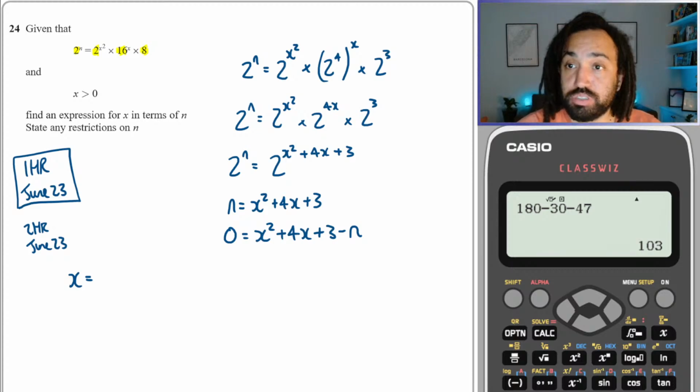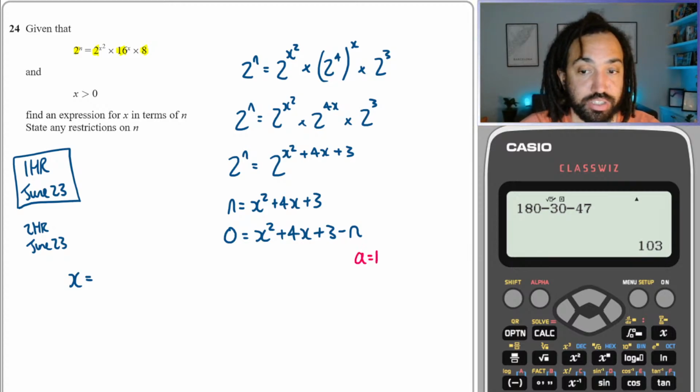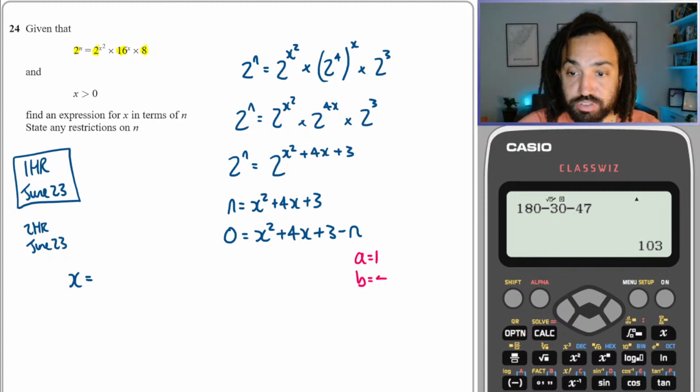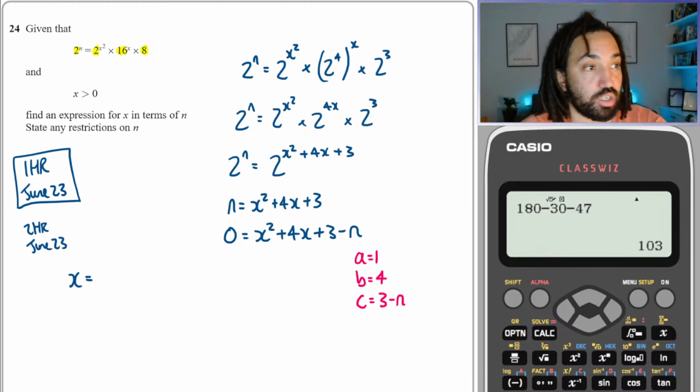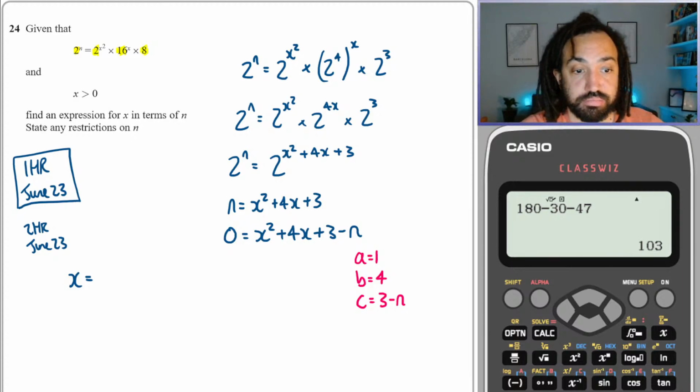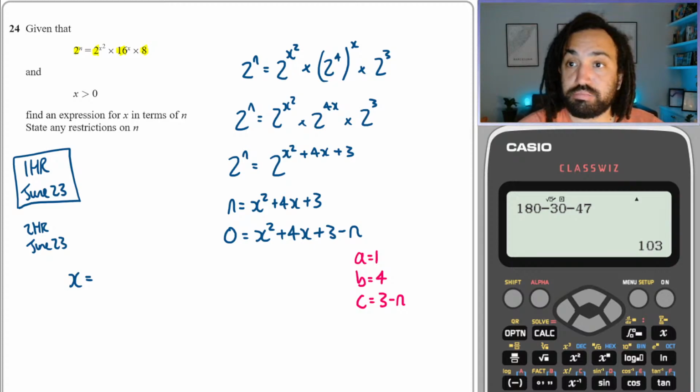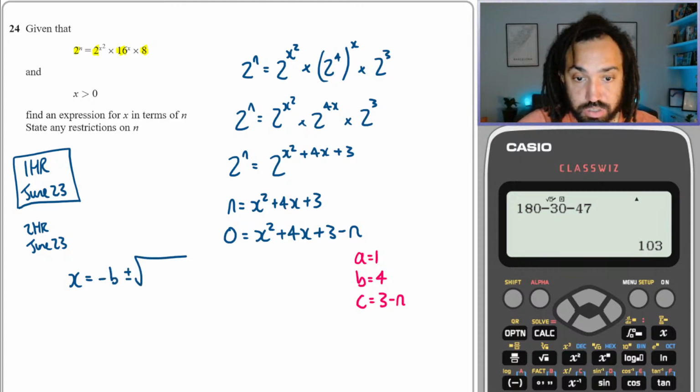So, using the quadratic formula, what is the a term? Well, you can see here that there's 1x squared, so a is 1. The b term is 4. The c term is 3 minus n. Because the c term is the constants, the bits without the x. Okay, so the quadratic formula is minus b plus or minus the square root of b squared minus 4ac all over 2a.